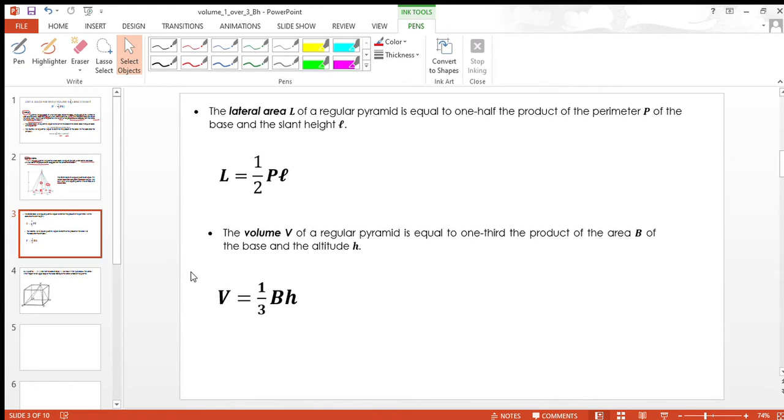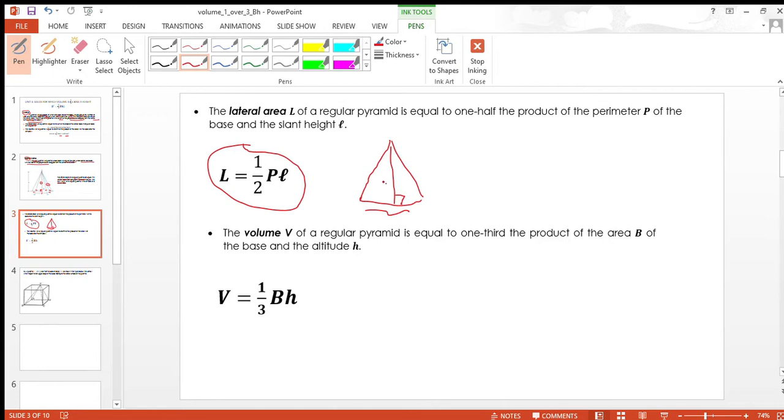And for your regular pyramid, if you want to solve for the lateral area, the lateral area is just the area of the lateral faces or the lateral surface. If you analyze one face, since one face is an isosceles triangle, its area is 1/2 the base times, in this case, the slant height.